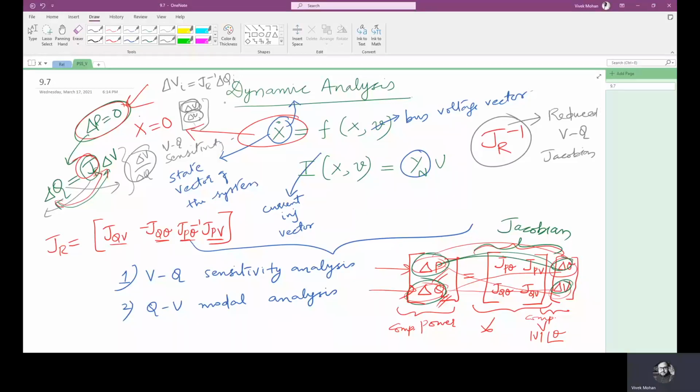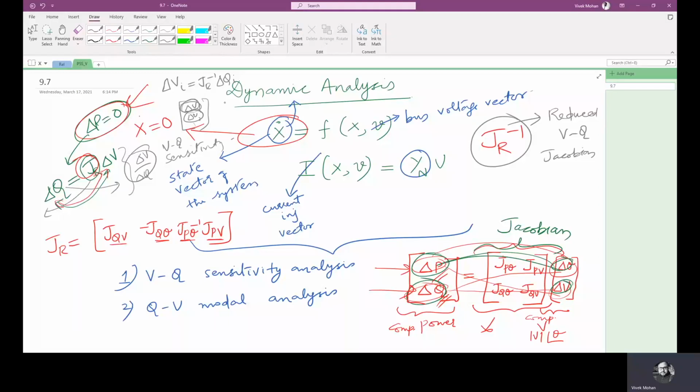A positive VQ sensitivity is indicative of stable operation. The smaller the sensitivity, the more stable the system. Because with small variations in Q, there is a corresponding variation in V, which means control is easy.